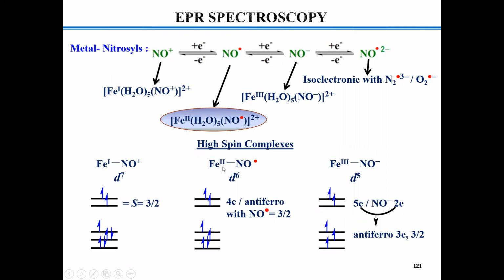This is high spin configuration, iron 2, D6 NO dot. One unpaired electron is there, so 4 electrons minus 1 unpaired electron on NO gives 3/2. Here high spin 5 for iron 3 and 2 for here. So essentially 3 unpaired electrons, in all the cases 3 unpaired electrons. So you can have 3/2.